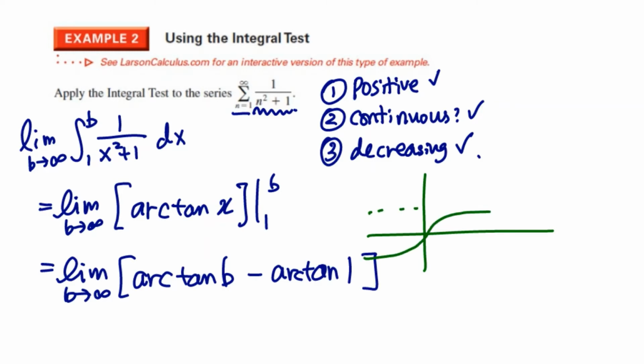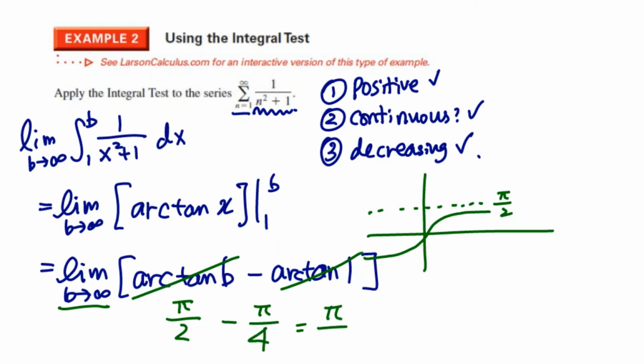There is a horizontal asymptote at pi over 2. So as b approaches infinity, arctangent b is pi over 2, and arctangent 1, since tangent of 45 degrees is 1, is pi over 4. So the answer is pi over 4.